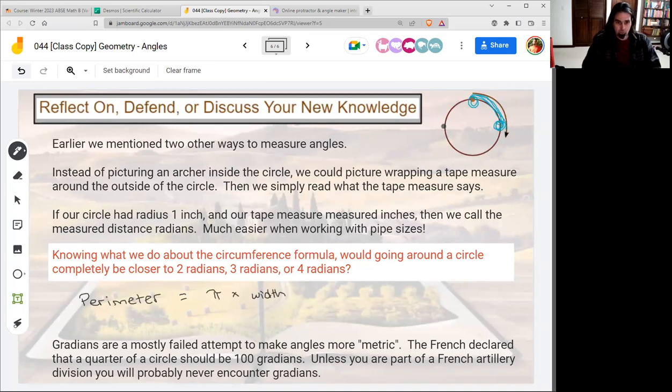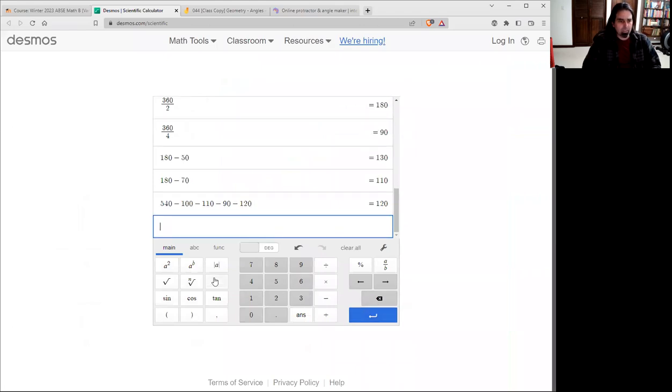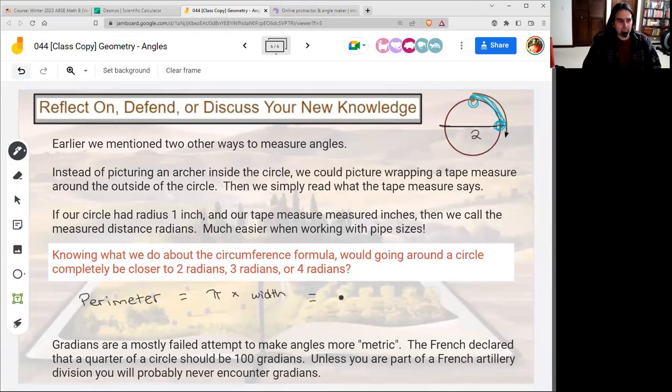So if we have a circle whose half of the width, the radius, is 1, then the whole width is going to be 2. So the perimeter of this circle is going to be pi times 2, which is about 6.3. I should make a note of rounding there.